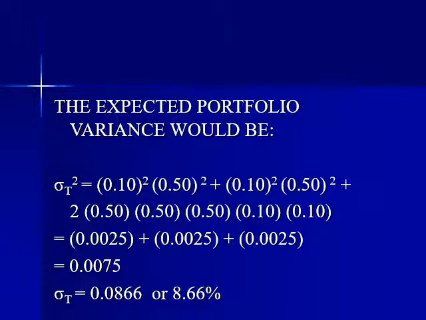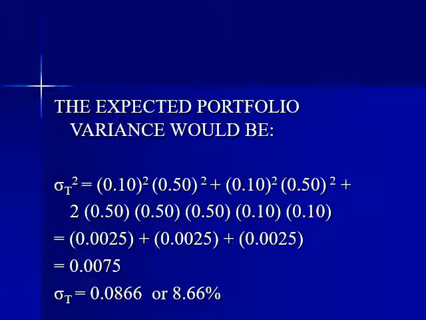When we sum all of this up, we find that the portfolio variance is 0.0075. The standard deviation is the square root of that, or 8.66%, or 0.0866.